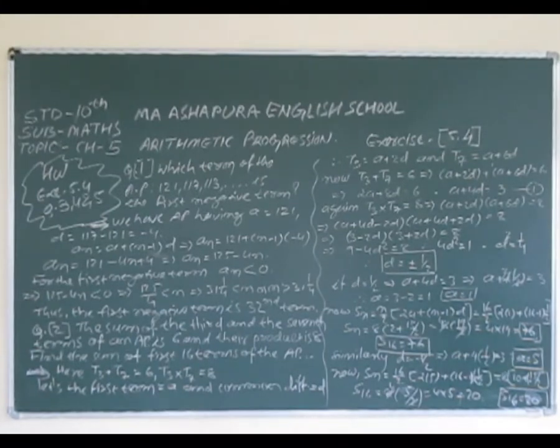Now once again substitute the value in the formula Sn is equal to n by 2 into 2a plus n minus 1 into d. So therefore S16 is equal to 16 by 2 into bracket 2 multiplied by 5 plus 16 minus 1 into minus 1/2 and we get with the simplification 2 8s are 16 so 8 into bracket 2 5s are 10 plus 15 multiplied by minus 1/2, that means minus 15 by 2.